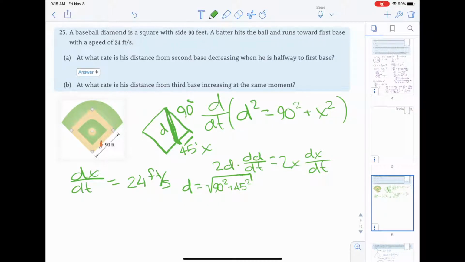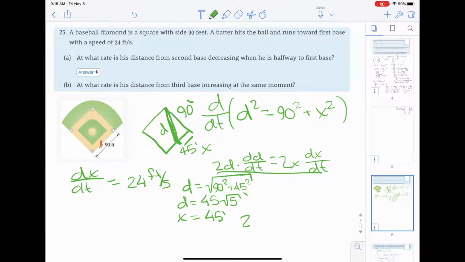When we plug that into the calculator, we get an answer of D is equal to 45 square roots of 5. And we know that X is also equal to 45 feet. So now we just plug these into this equation in order to start solving for dD over dt.